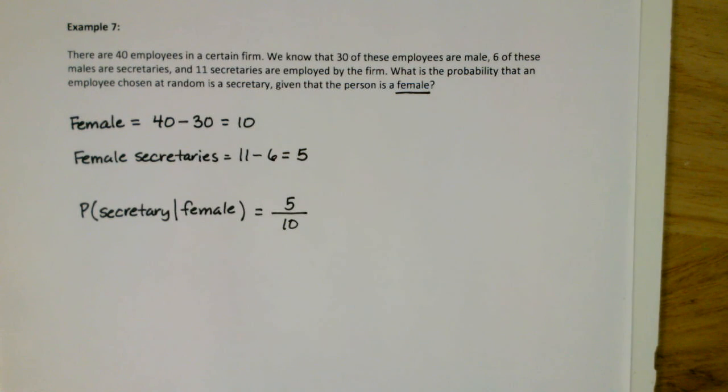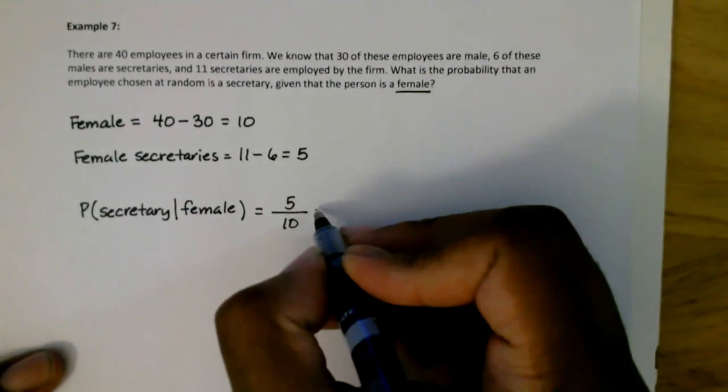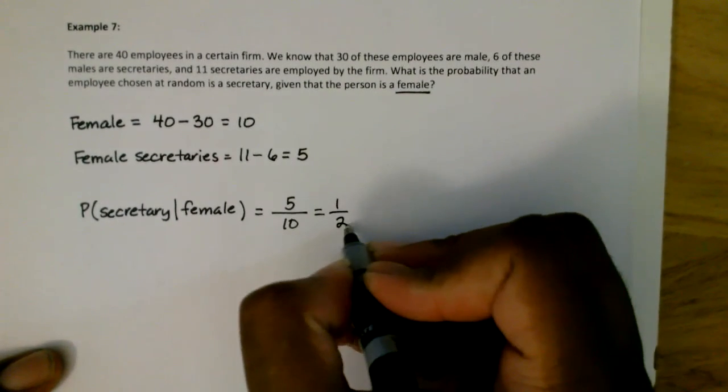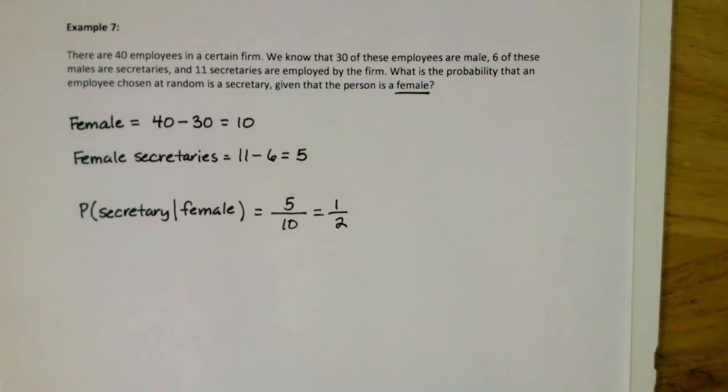So the probability of randomly selecting a secretary, given that the person is a female, would be 5 out of 10. We can reduce that to 1/2. See how easy that was to use conditional probability without using that formula that I showed you. So here we can do this intuitively.